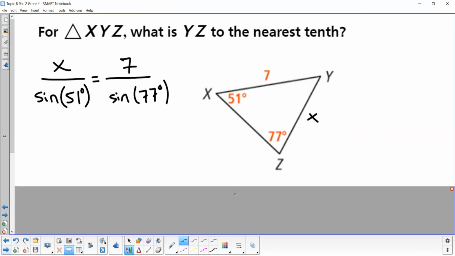So, hey, go back to the fact that we're doing algebra now. X is being divided by what? Sine of 51. So we're just going to multiply by sine of 51.